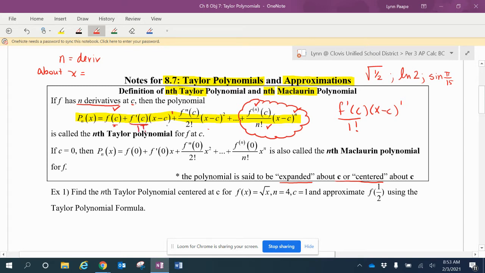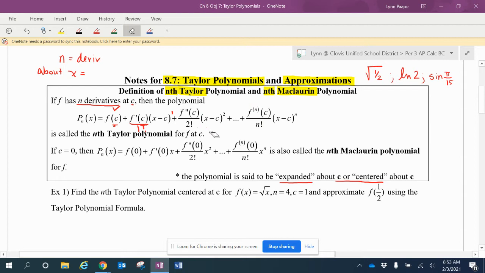This is the second derivative, so a power of 2 divided by 2 factorial. If we were doing the third derivative, this would be a power of 3 over 3 factorial. That is what our polynomial expansions are going to look like. Super important that we know this expansion because we will be using it and referring to it often.